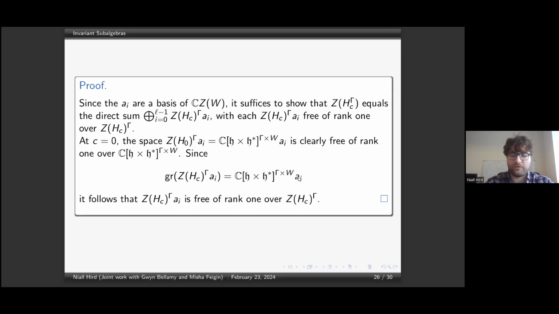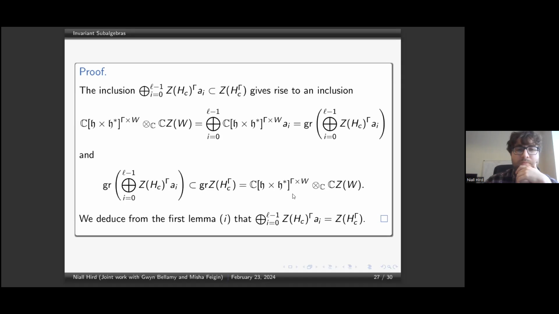There's a little bit of a subtlety here, but it follows from making an exact sequence of the components of the associated graded, and you have to use a property of reductive groups here. But it boils down to needing to know this fact, which implies that this is then free of rank 1 over the invariants of the center for any C.